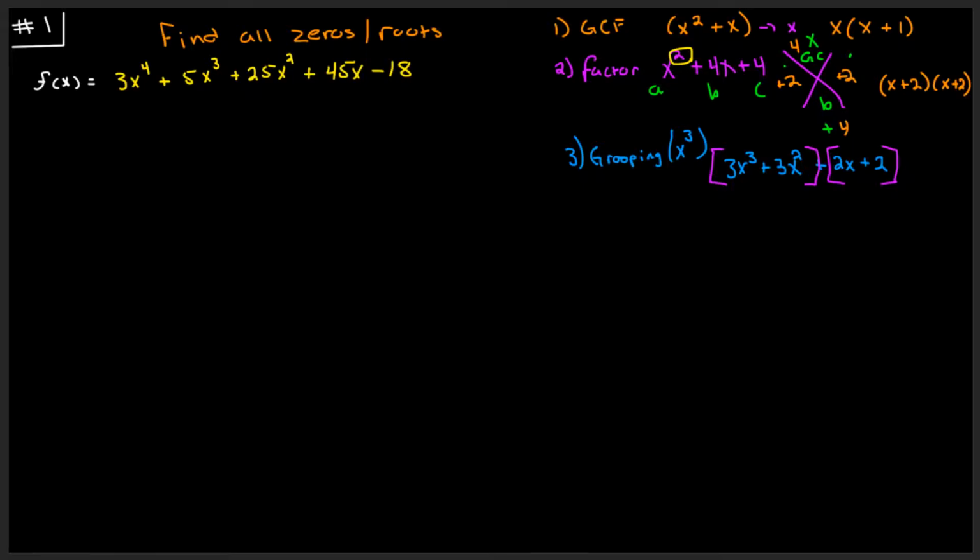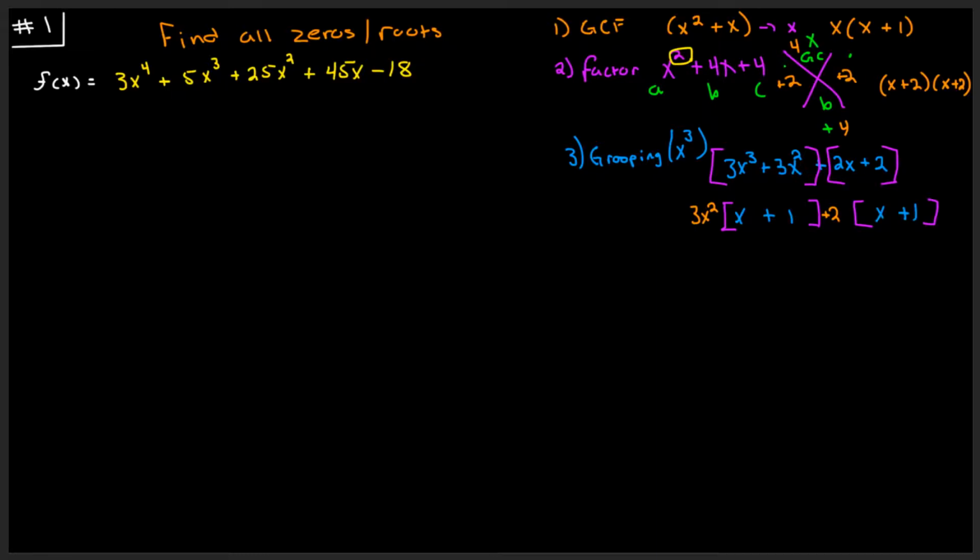In the top one, I can break out 3x squared, and what I'm left with is x plus 1. Do the same thing over here. What we can break out of this is a positive 2, and we are left with x plus 1.